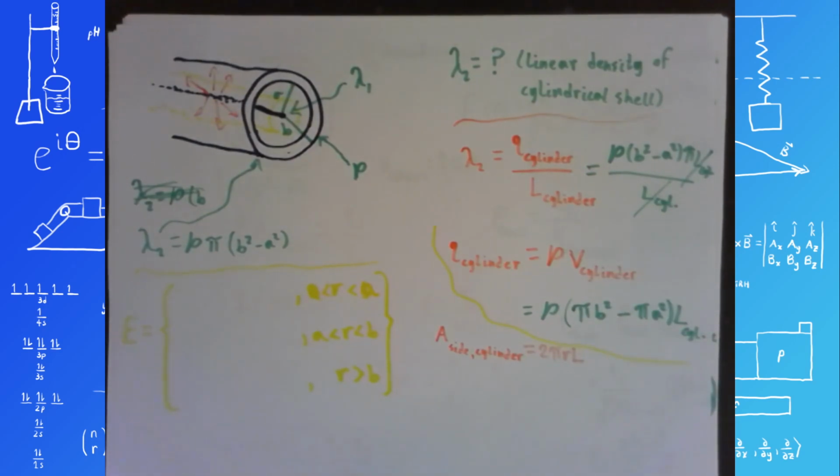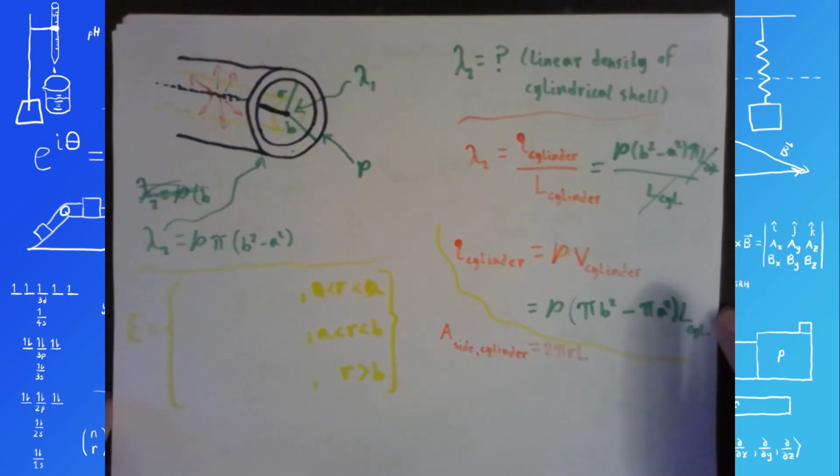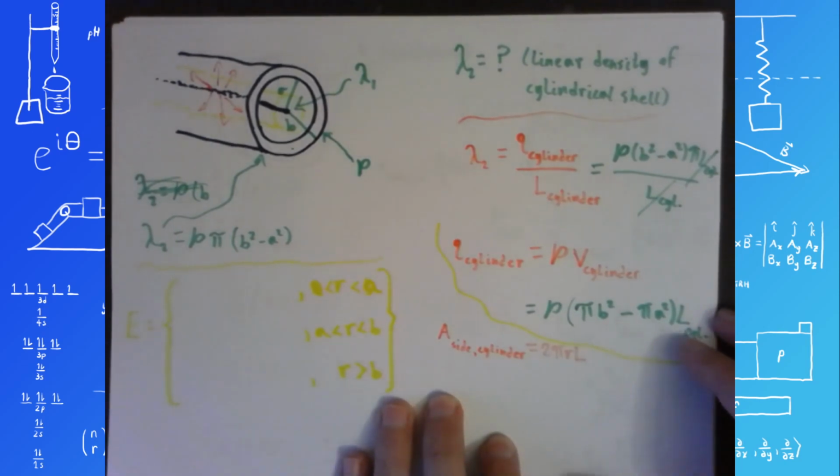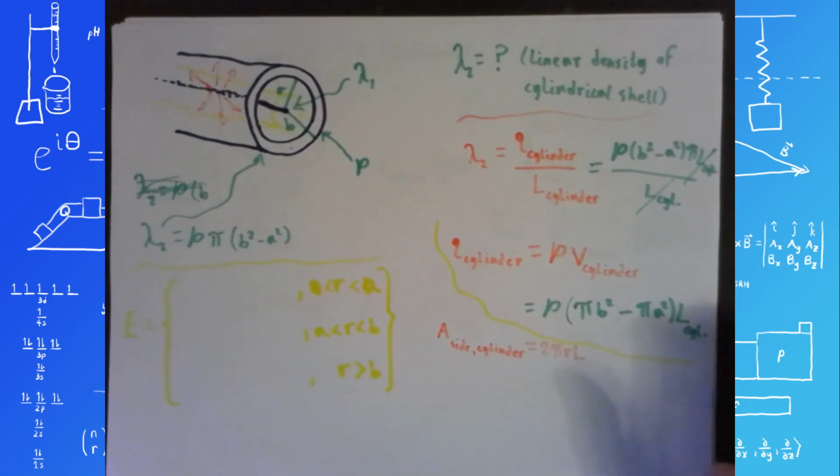If you ever forget the formula for the side surface area of a cylinder, just take a piece of paper and roll it into a cylinder, and you'll see why the circumference of the base multiplied by the height of the cylinder gives you its side surface area. Anyway, where did I want to go with this?